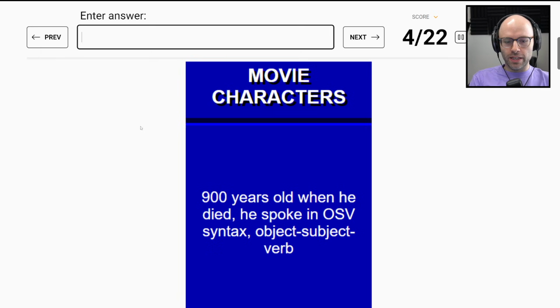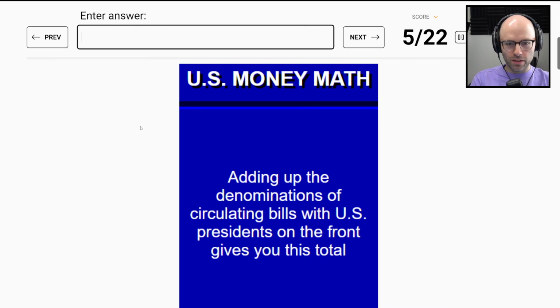900 years ago, when he died, he spoke in OSV syntax, object, subject, verb. Yoda. That's an easy one. Adding up the denominations of circulating bills with U.S. presidents on the front gives you this total. It's not Alexander Hamilton.